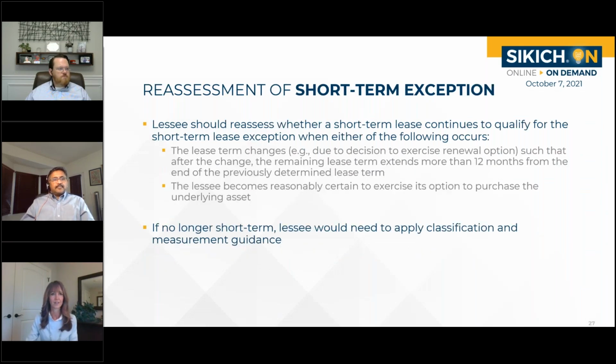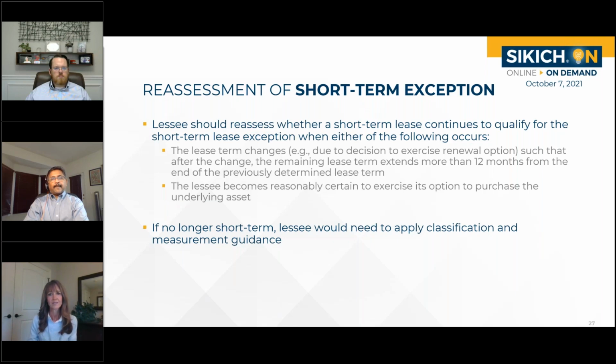Cheryl? All right. Moving on to the short-term exception. So if an organization has elected the short-term exception and does not apply ASC 842 to leases that have initial terms of 12 months or less, there are times that excluded leases should be reassessed.